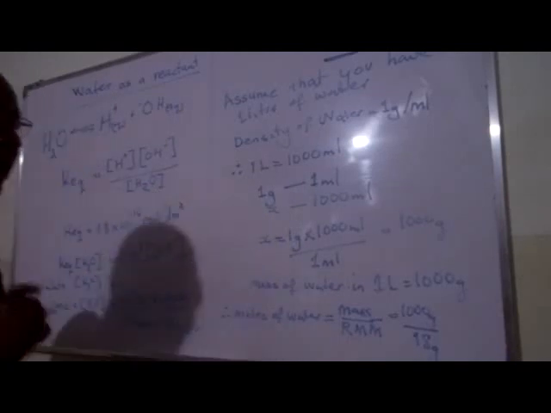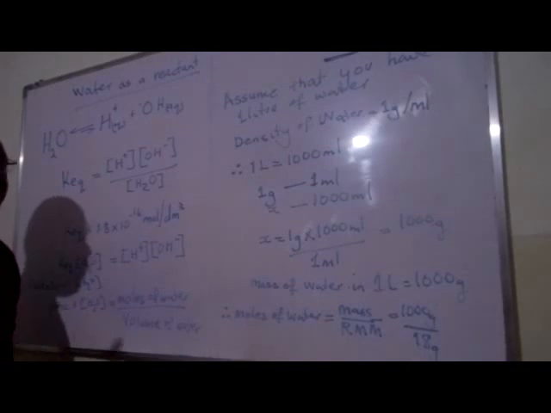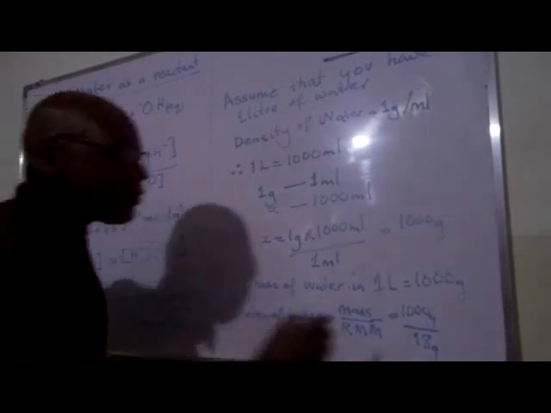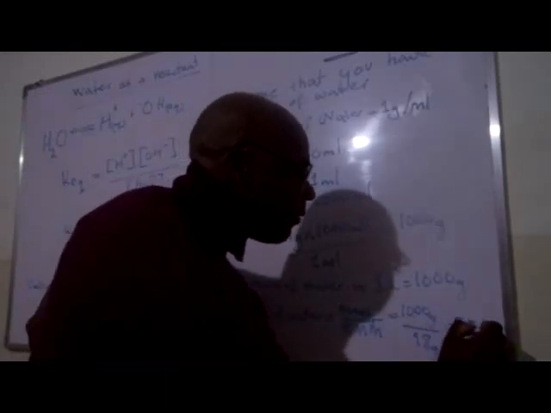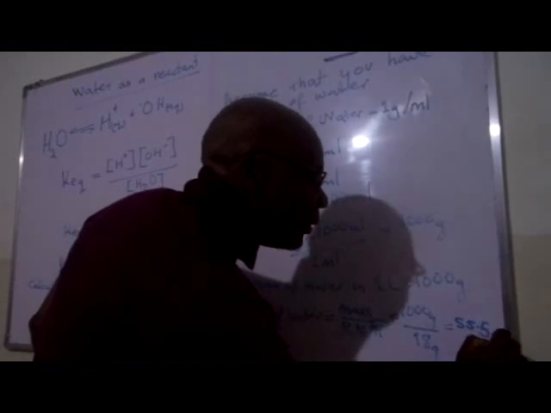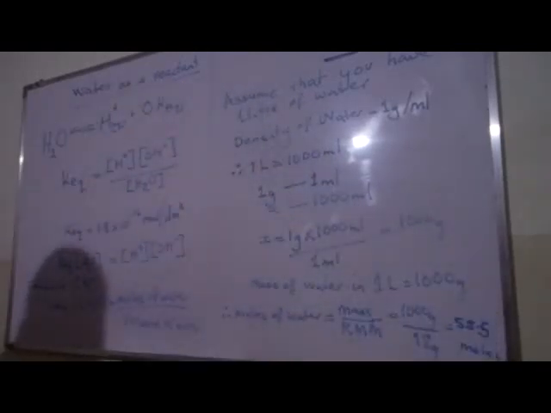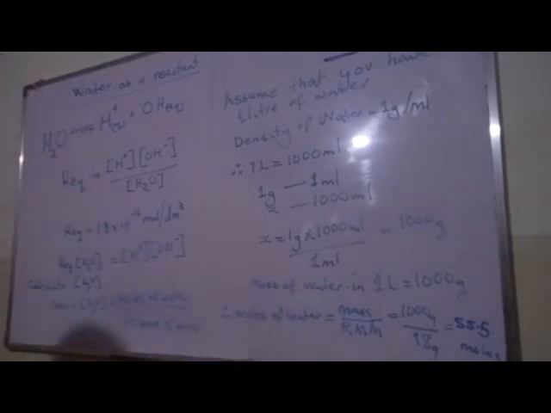Water has 2 hydrogens and 1 oxygen. Oxygen is 16. Hydrogen is 1. 1 times 2 is 2. 2 plus 16 gives you 18. So this will give you 55.5 moles.